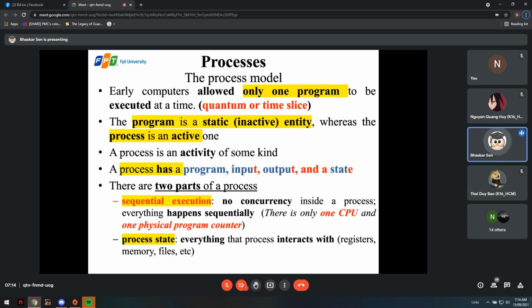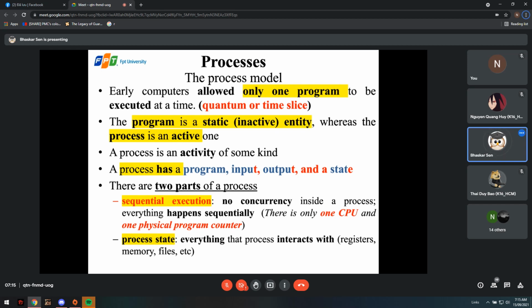Now, what exactly do we mean by this word state? By the word state, we mean the value of its registers and PC and all the other things that we have in between.